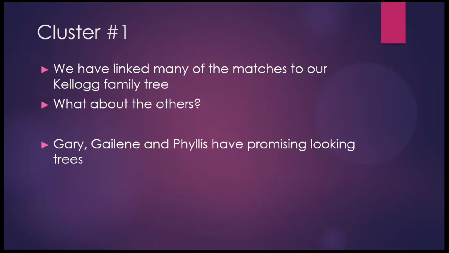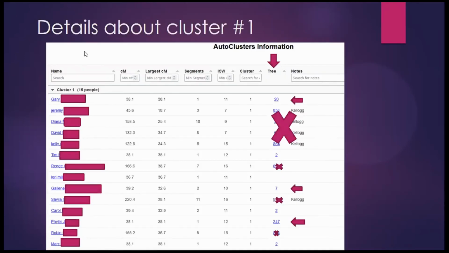So what about the other people? We have 3 other people in the cluster that have good trees. That's Gary, Gailene, and Phyllis. So you can see this on our cluster again. So here's our cluster, 15 people. We've crossed out the Kellogg's that we've already matched and put on our tree. And then we've got Gary at the top.